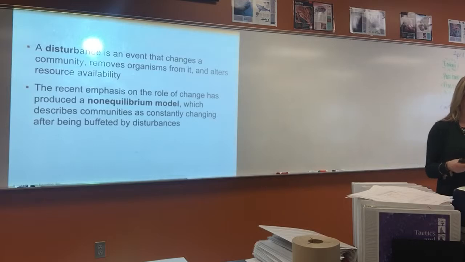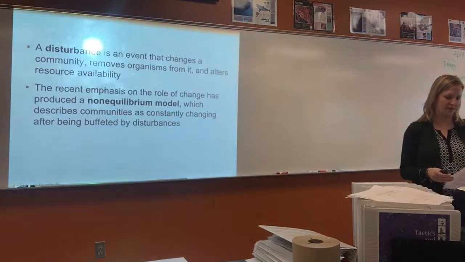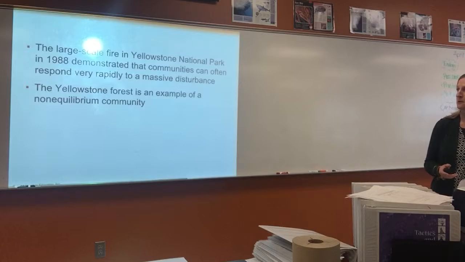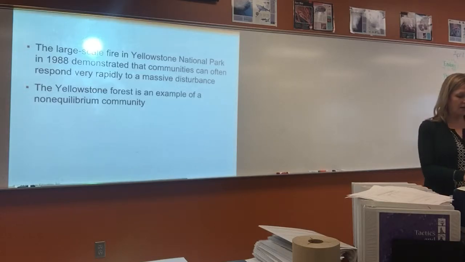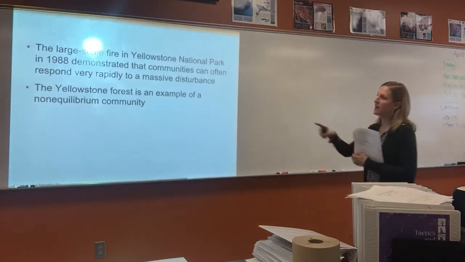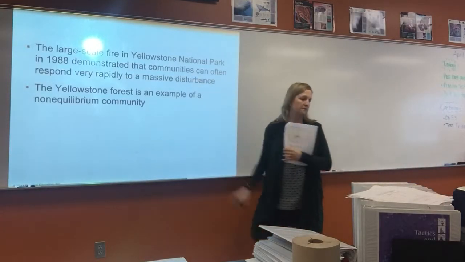Then it says characterizing disturbances. You're going to cross that out, so you don't need to know that. Again, fun stuff. And then you can cross out the little picture there with the graph. But then look at the bullet here, large scale in the Yellowstone National Park in 1988. That's this.